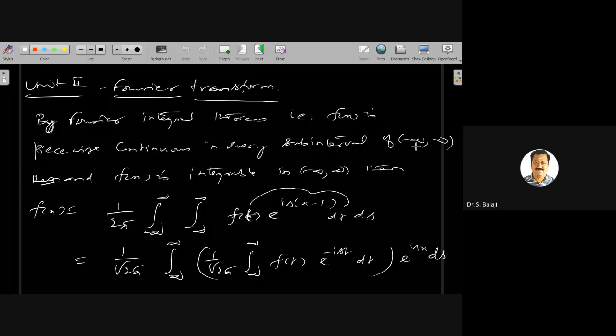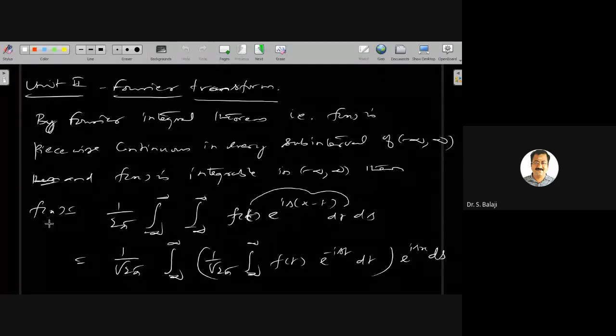Suppose f of x is defined in the interval minus infinity to infinity, with many subintervals. Then it should be a piecewise continuous function. It is also an integrable function.